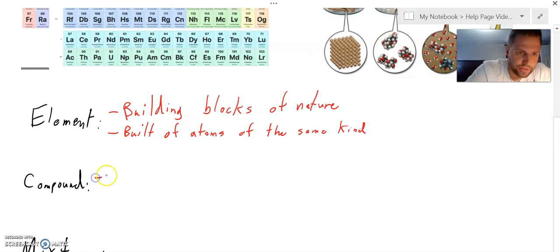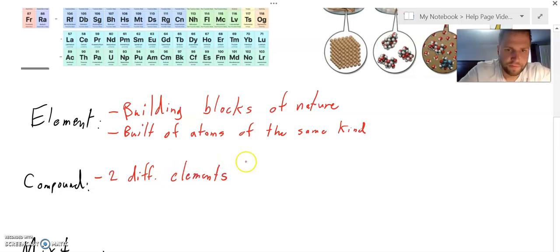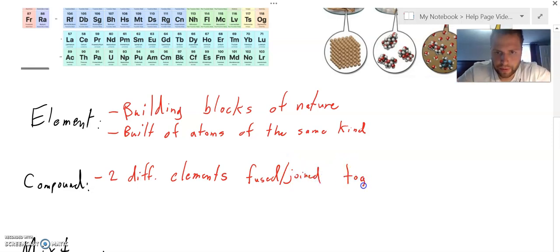So compound now is two different elements fused / joined together in a specific ratio.